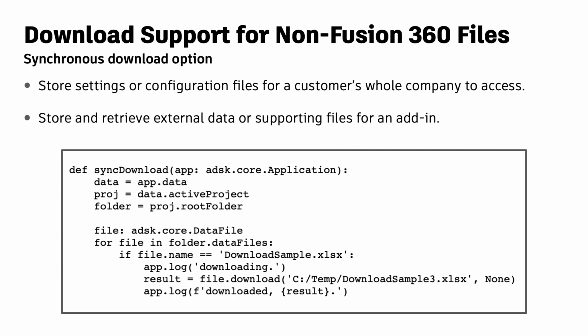Okay, here's another one related to handling data and dealing with Fusion's cloud data. So in Fusion 360, you can always save any files you want into Fusion Team, or just Fusion 360's cloud data environment, through the user interface. But through the API, there wasn't really a logical way to just quickly download it.